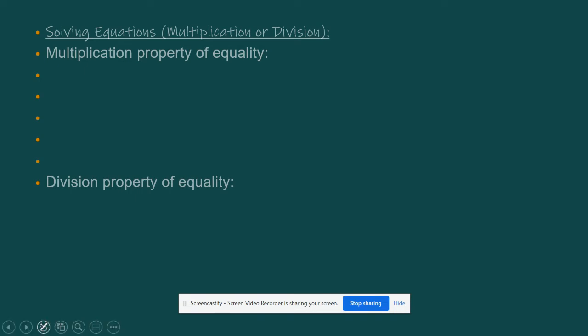Multiplication and division. These two properties of equality are the same as the addition and subtraction. So what they mean is for multiplication, we are multiplying the same value on both sides of the equation.